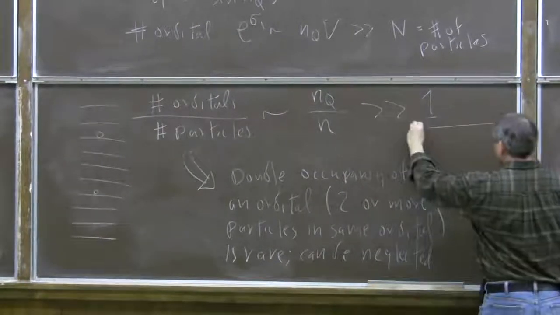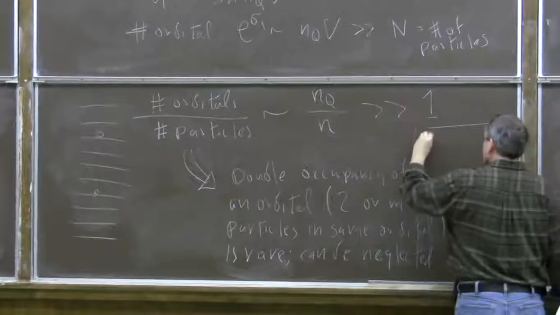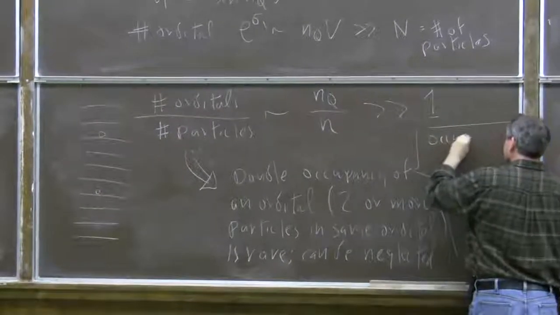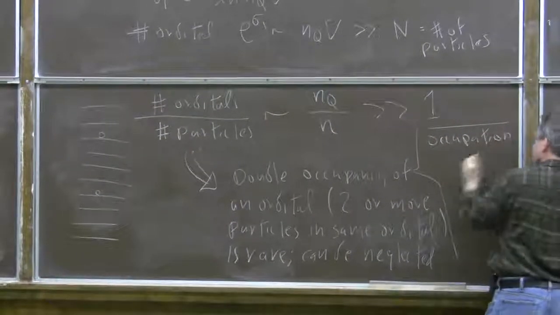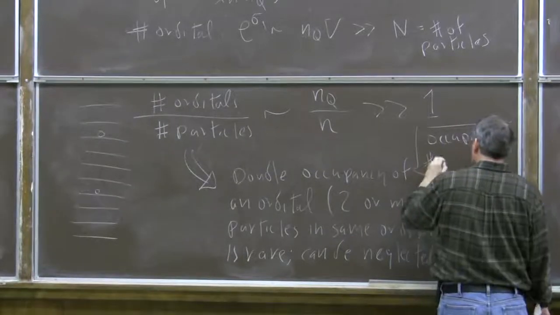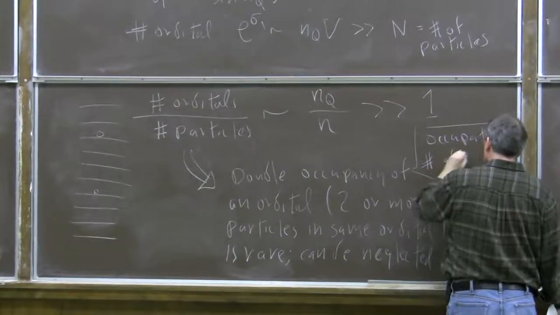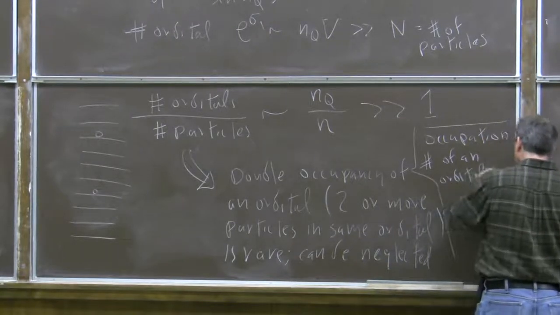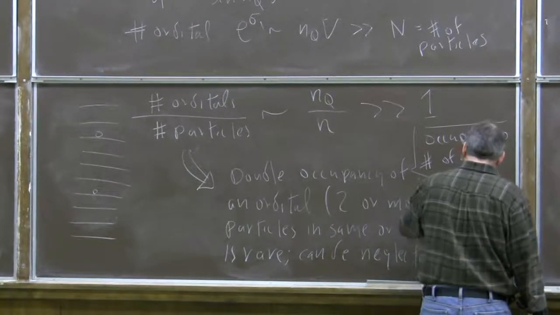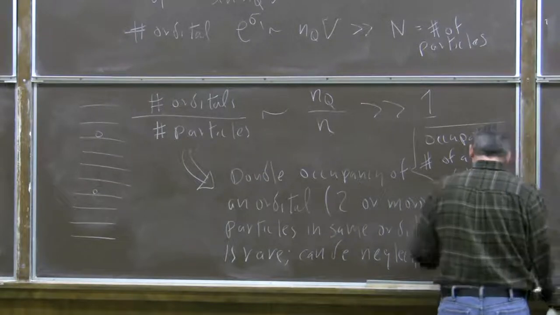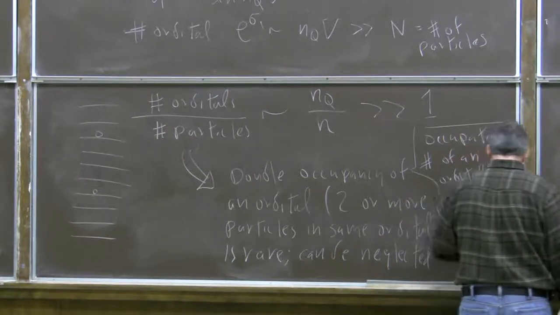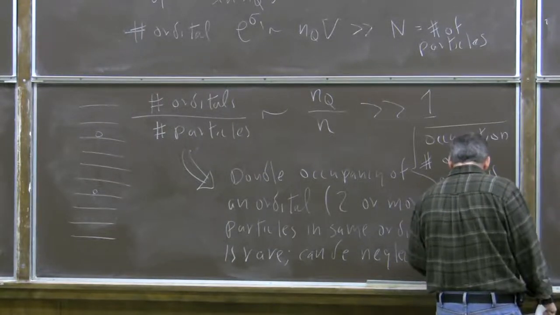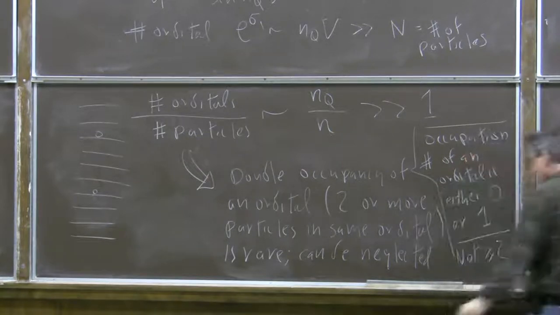So the occupation number of an orbital is either 0, which is true for most of the orbitals, or 1, not 2 or more.